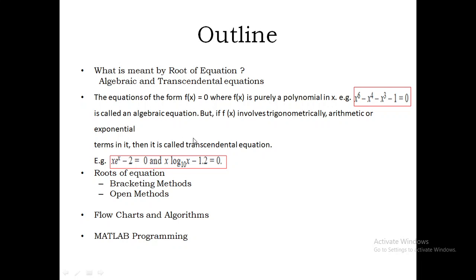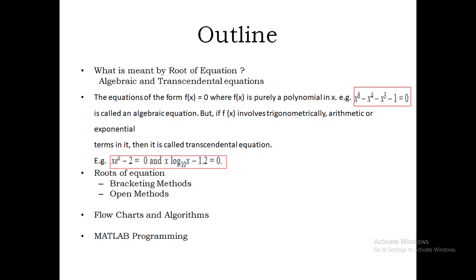This equation is given in the form f(x) = 0, where f(x) is purely polynomial. For example, I have taken one example: x^6 - x^4 - x^3 - 1 = 0. This equation is called an algebraic equation.